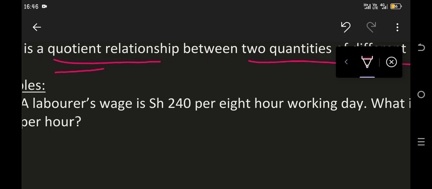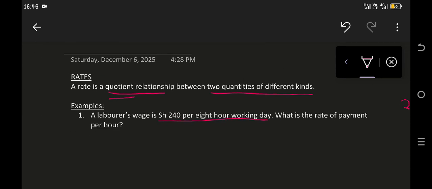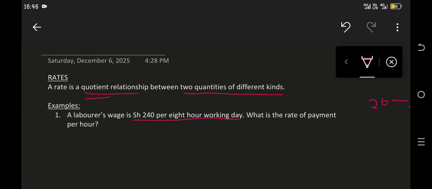A laborer's wage is 240 shillings per 8-hour working day. This means that in 8 hours, that laborer will be paid a total of 240 shillings. Now, the question is asking, what is the rate of payment per hour?